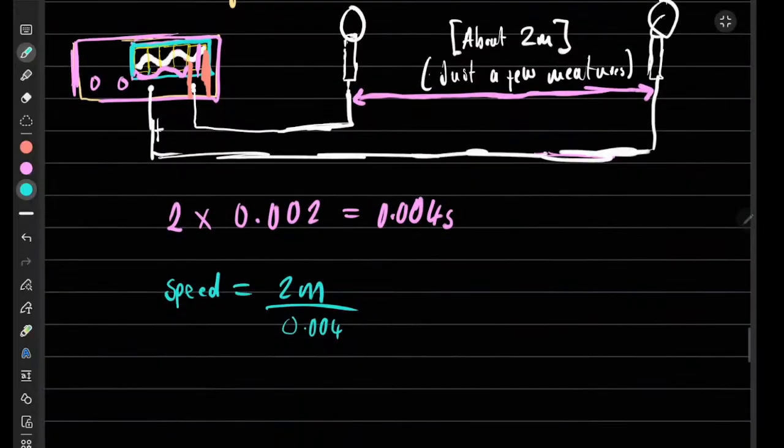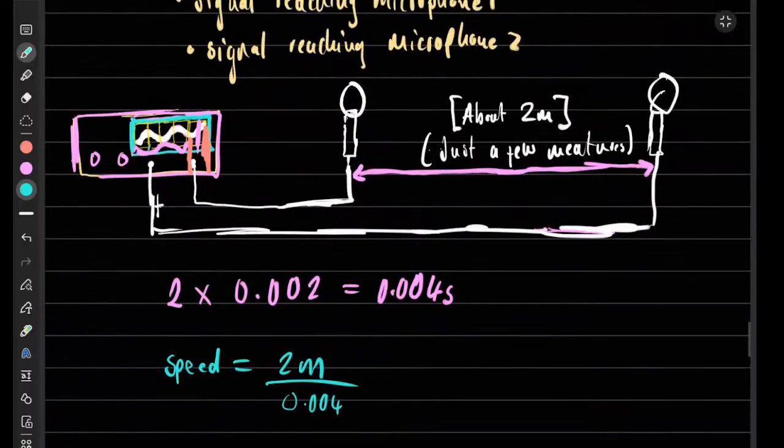Do you see how smart they are? These people did a smart experiment, right? To say we are going to put the microphones a certain distance, 2 meters.